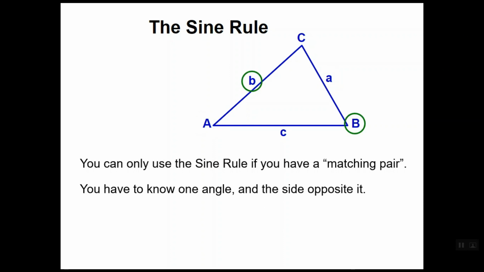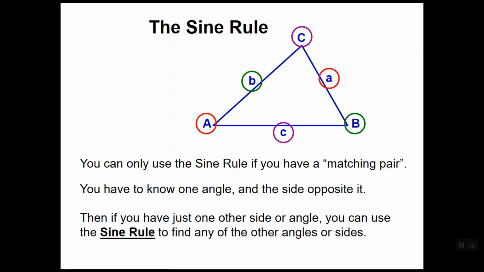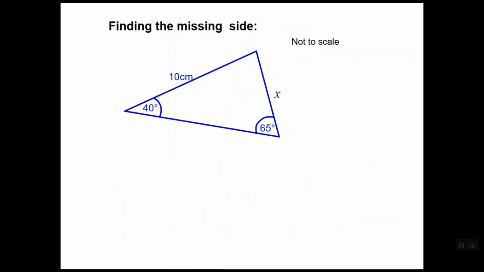If I know angle B, I must also know the side directly opposite to it, which I call little b. And if I know angle C, I must also know the side directly opposite to it, and we call that little c. Then if you have just one other side or angle, you can use the sine rule to find any of the other angles or sides.